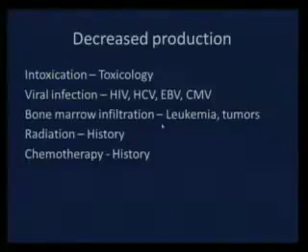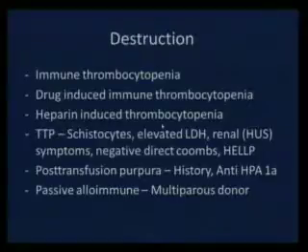I have not mentioned autoimmune disease, so autoimmune diseases are also there. Bone marrow infiltration by leukemia or tumors, radiation. We can get history and find out if the patient has received radiation and that has caused decreased production. Chemotherapy, right?